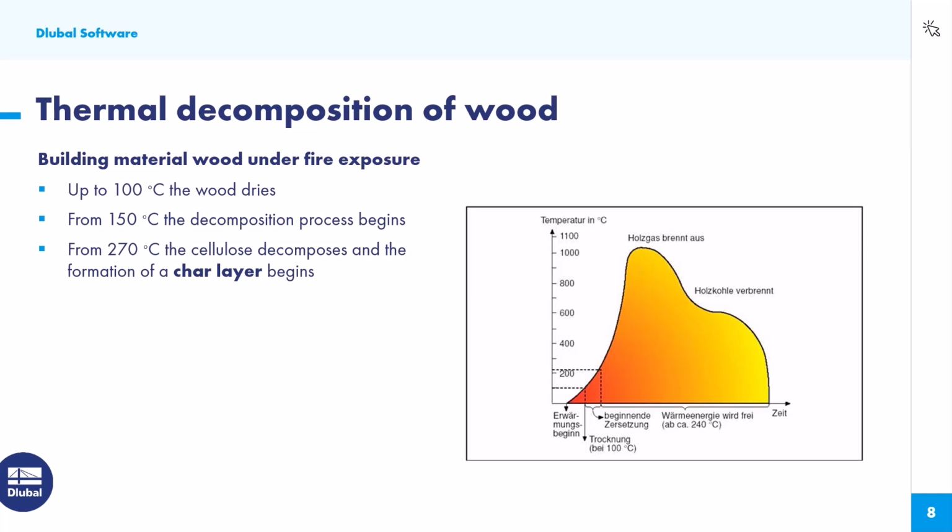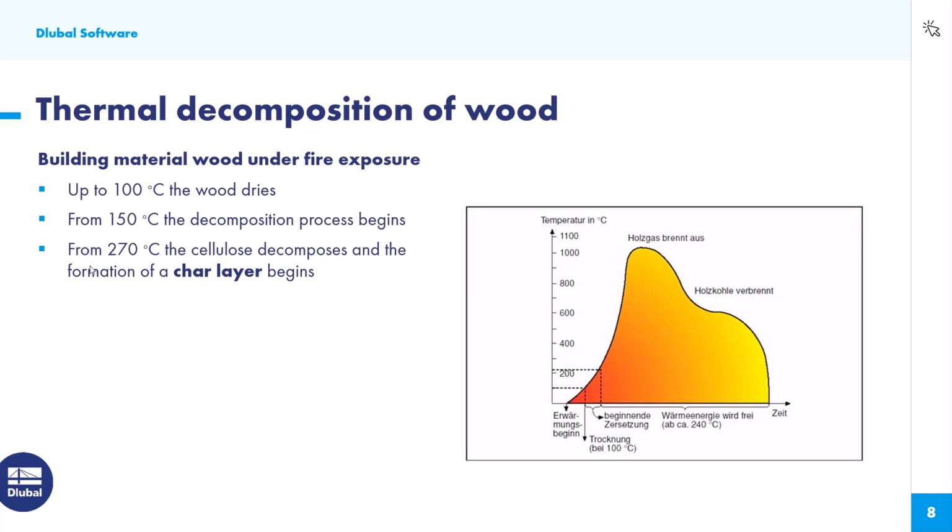Next slide is about thermal decomposition of wood. I guess it's clear to everyone that in the beginning the wood begins to dry. So this is up to 100 degrees Celsius. From 150 degrees Celsius, the decomposition process begins. So we are around here.